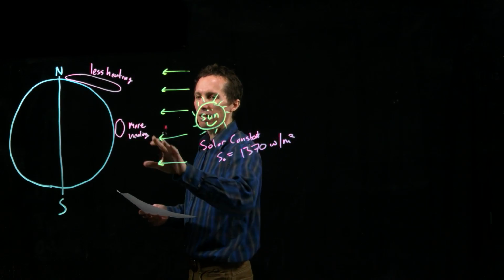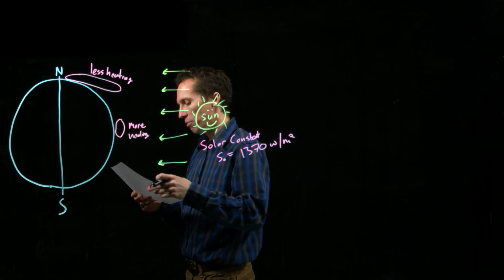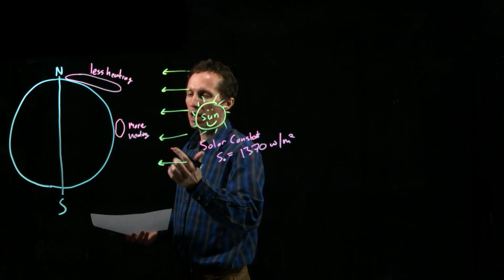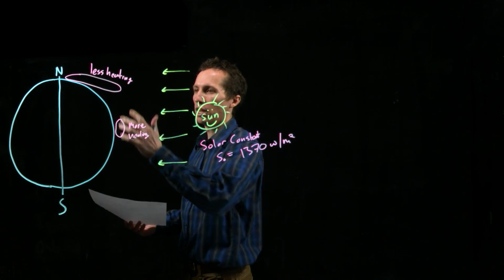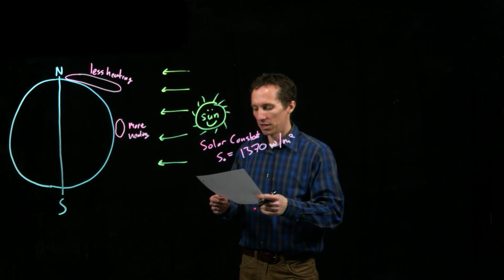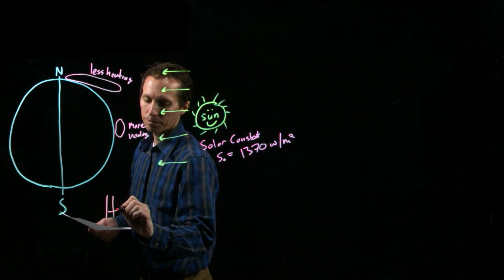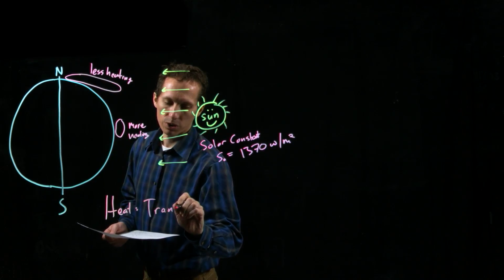And so this heat must be redistributed and transported to the poles, because it's a law of thermodynamics that heat moves from areas of high temperature to areas of low temperature. And so this heat is going to be transported towards the poles.